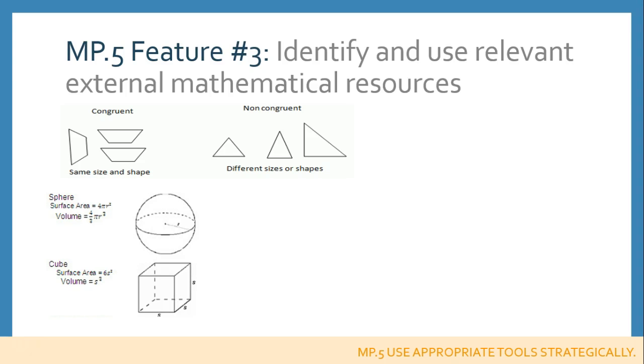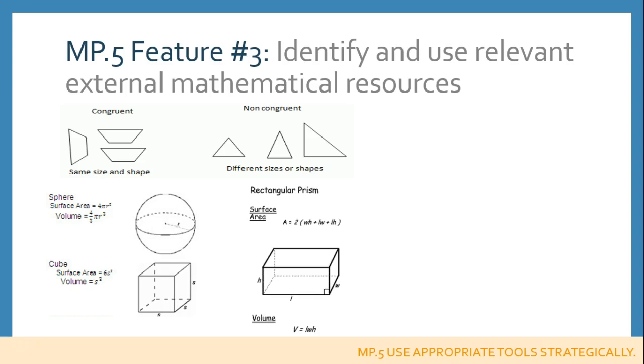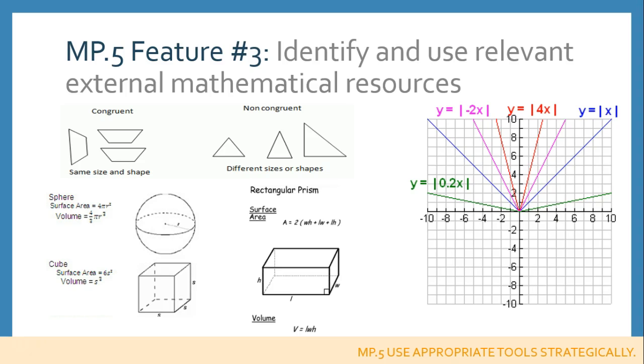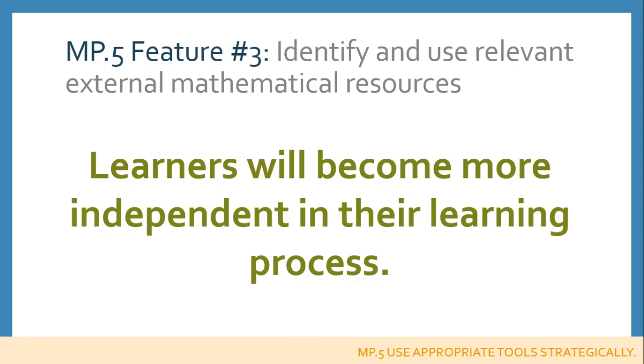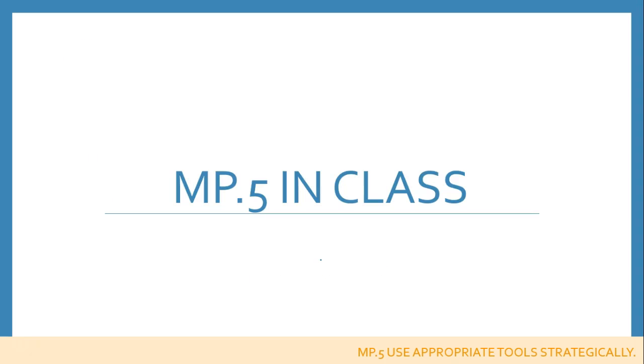If different students found different definitions or different versions of the formula, you could discuss those differences. They could also use graphing apps to explore how the graph of a line changed when its equation changed. By encouraging learners to identify and use relevant external mathematical resources, you will see them become more independent in their own learning process. Each of the previous examples illustrates how students could use appropriate tools strategically.